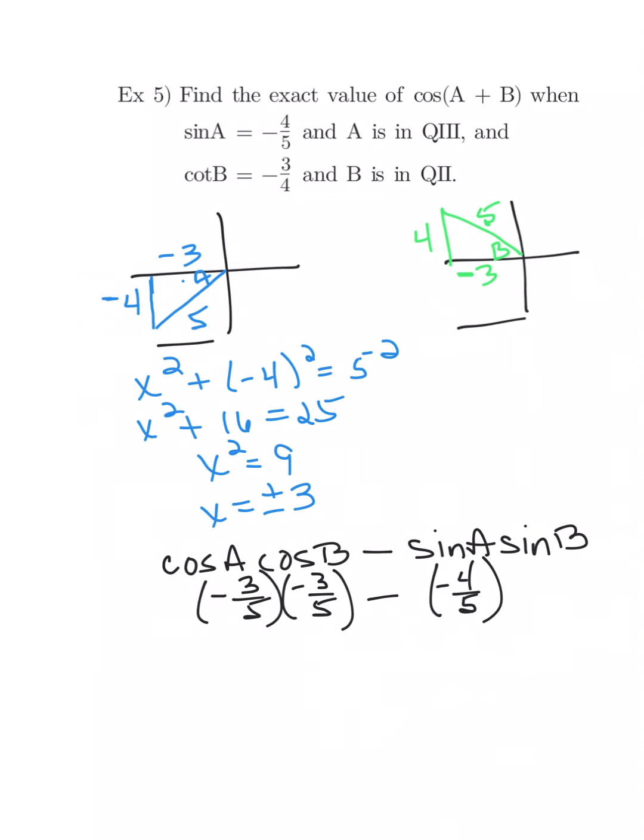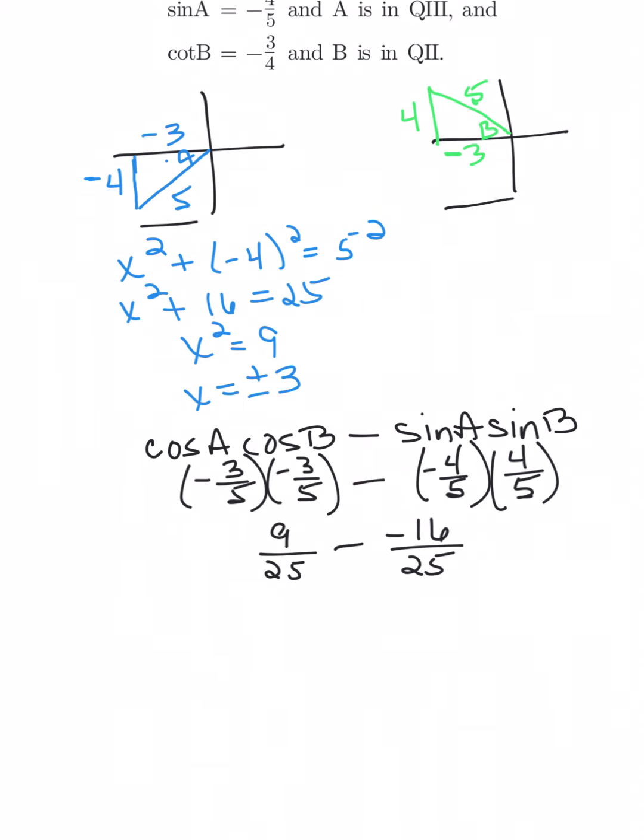They gave us that, plus we know it's y over r. Go back to angle B and do y over r. You get positive 4 over 5. Do your multiplication. Negative 3/5 times negative 3/5 gives me 9 over 25 minus negative 4/5 times positive 4/5 gives me negative 16 over 25.